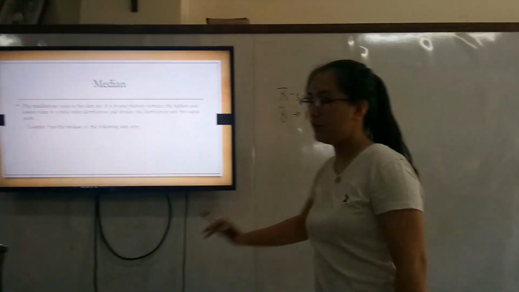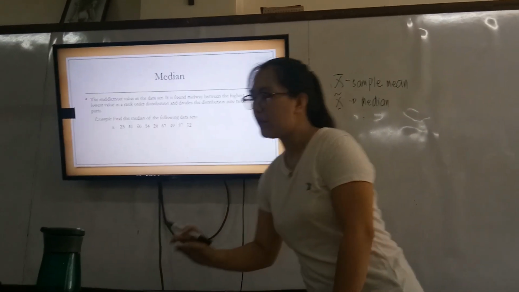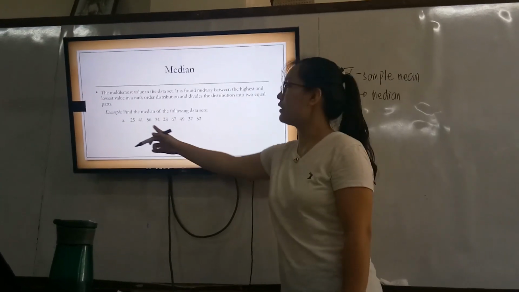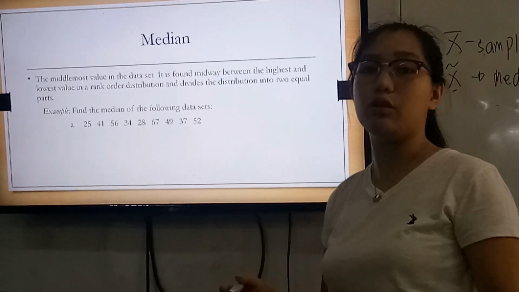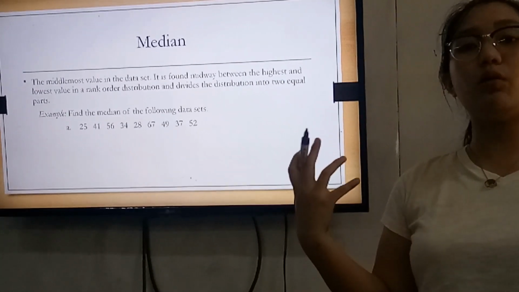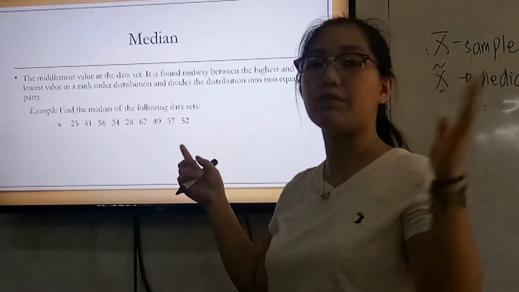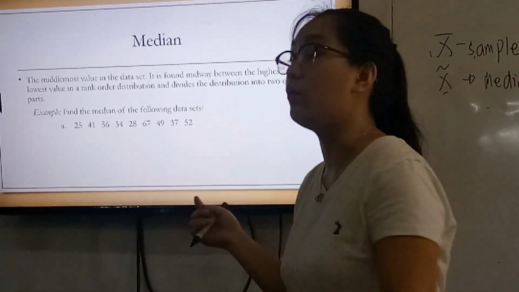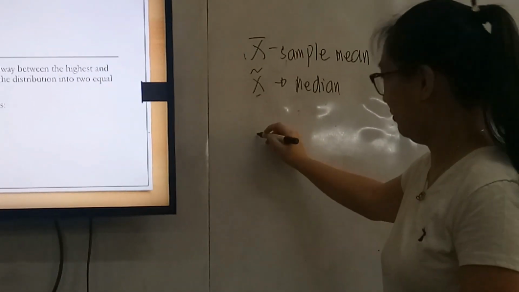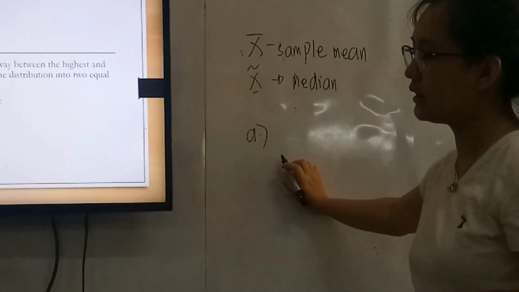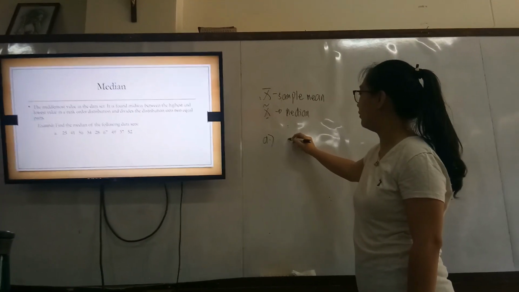Okay? So, example tayo. Alam niyo na to. Let's just go over it. For example, let's have letter A. We're going to find the median or the middlemost value which will divide your data set into two equal parts. Tama? So we arrange either from highest to lowest or lowest to highest. For me, from lowest to highest, the lowest value is 25.